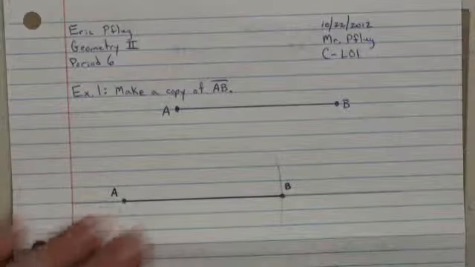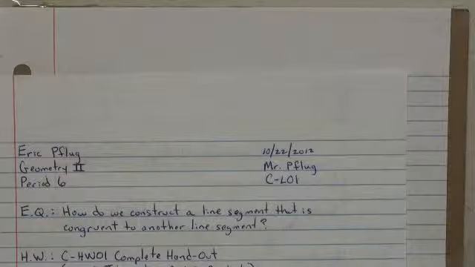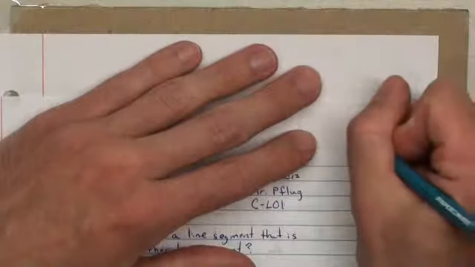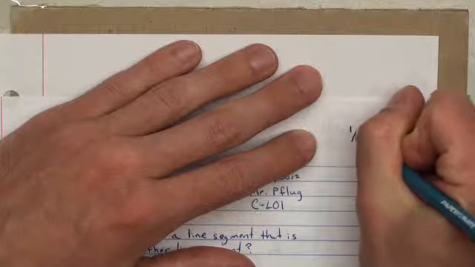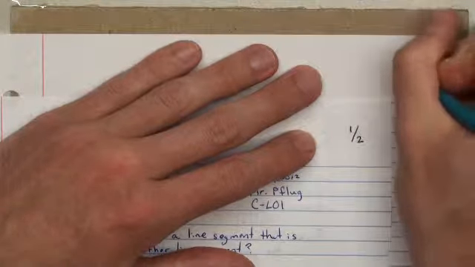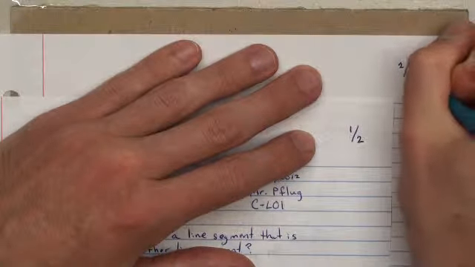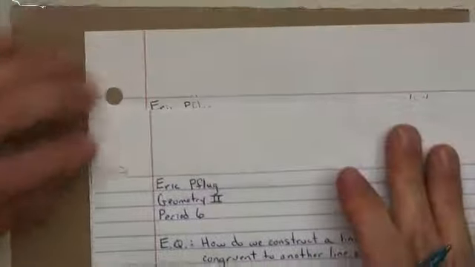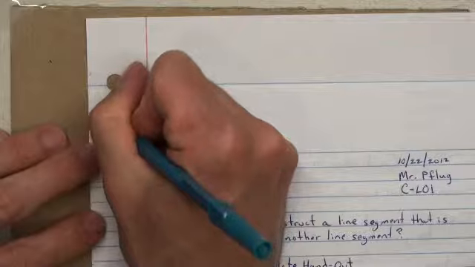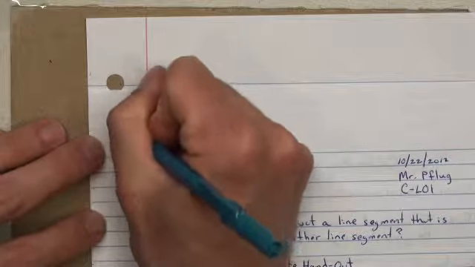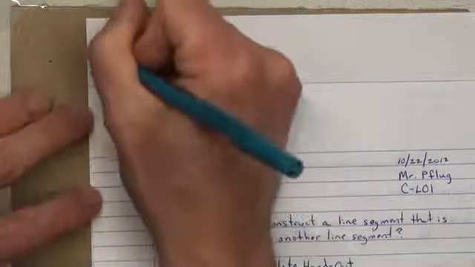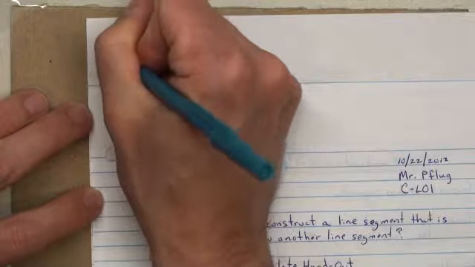Alright, now let's go back. We have 2 pages in this lesson. So this is 1 out of 2, and this is 2 out of 2. And let's put the lesson heading also in the top left. This is C-L01.